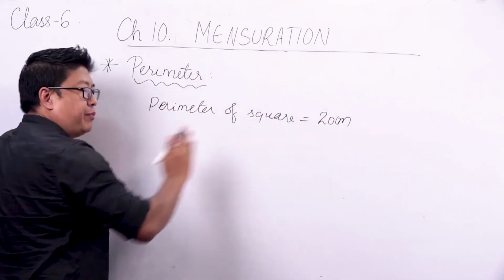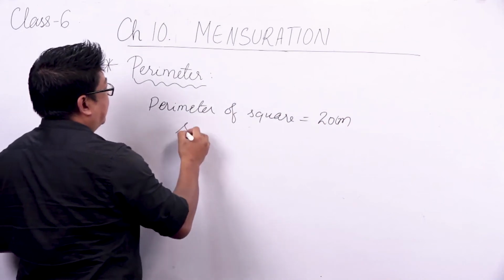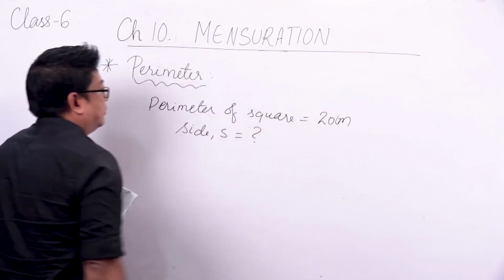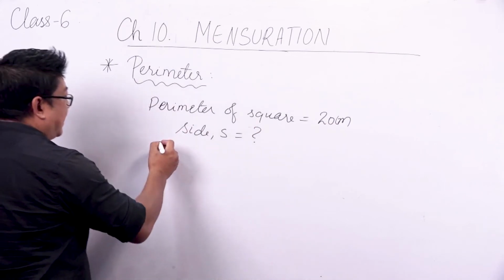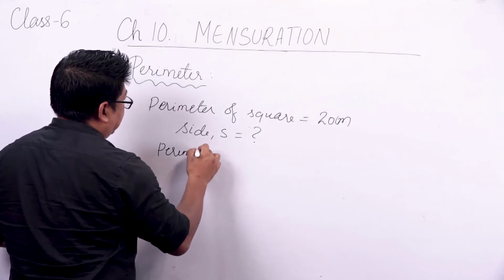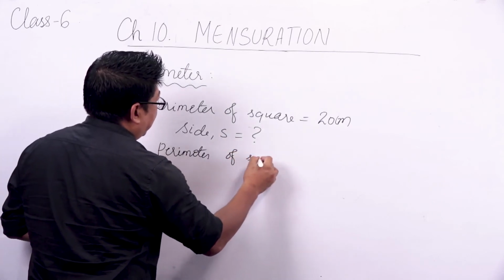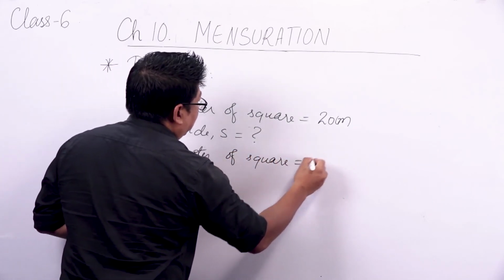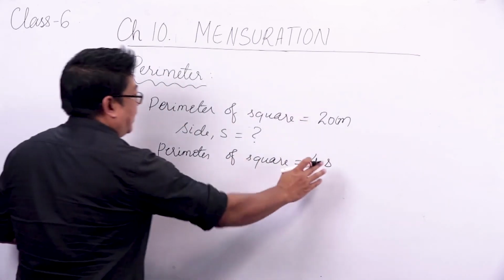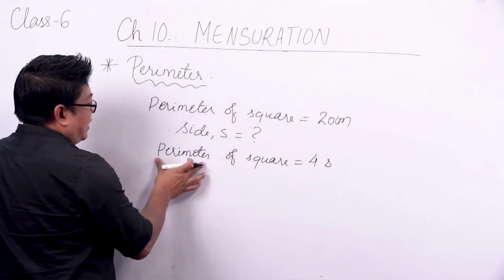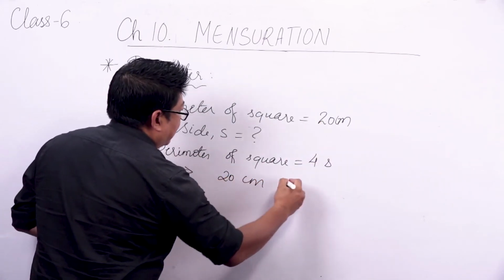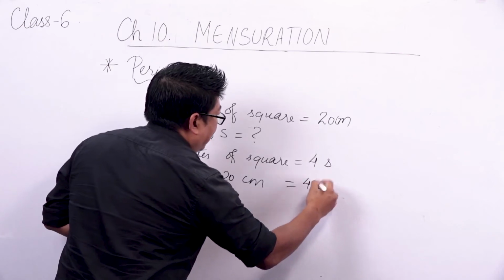They have given you the perimeter of the square, and they are asking you to find side S. Now, since we know the perimeter of a square, the formula is 4S, right? Since we know this formula, let's apply it. Now, this perimeter of square is how much? 20 centimeter and 4S.